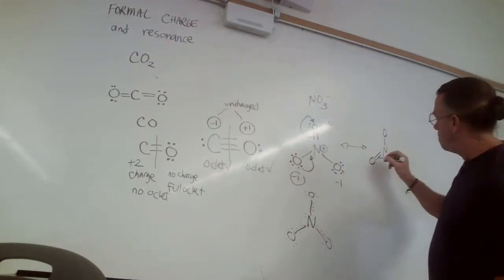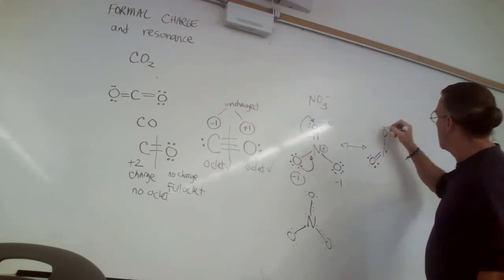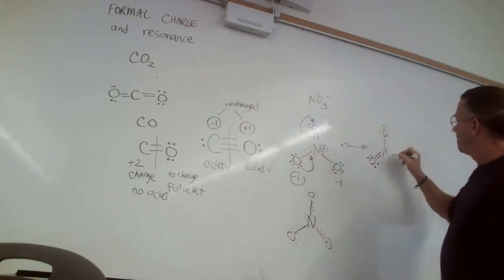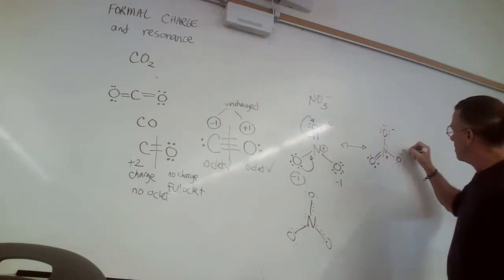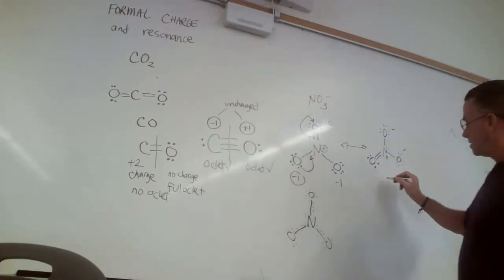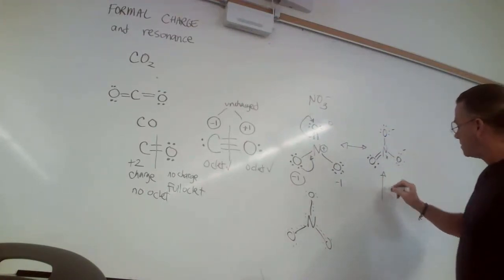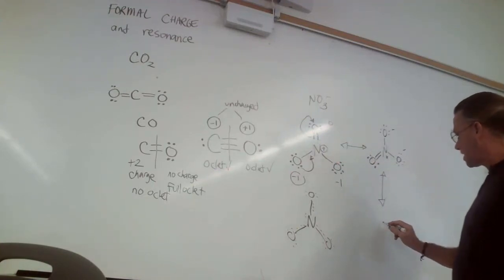These arrows, I hope, make some sort of sense to you. Plus, minus, minus. And the last one, I'm going to put it down here. I hope you can see it. Double-headed arrows means it's just an average of these structures, and they're all pretty much the same, aren't they?